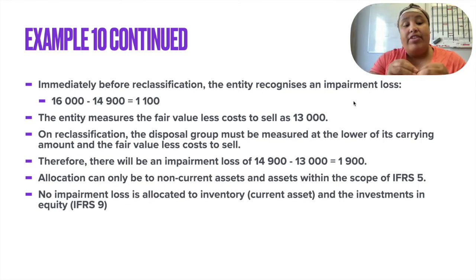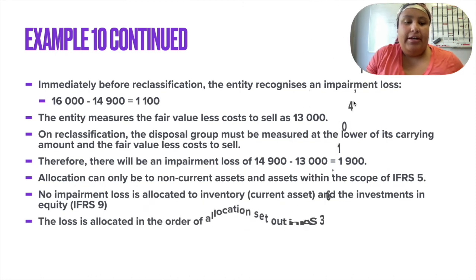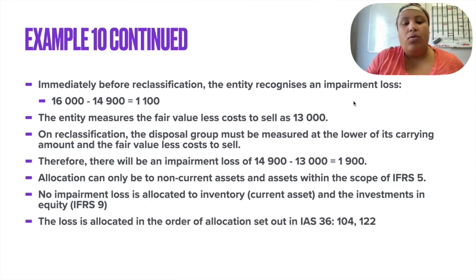Also, for the investments in equity instruments, we are not going to allocate impairment losses because those investments are being accounted for in terms of IFRS 9, and that's out of the scope of IFRS 5.